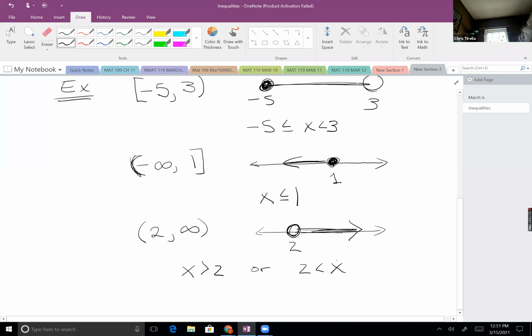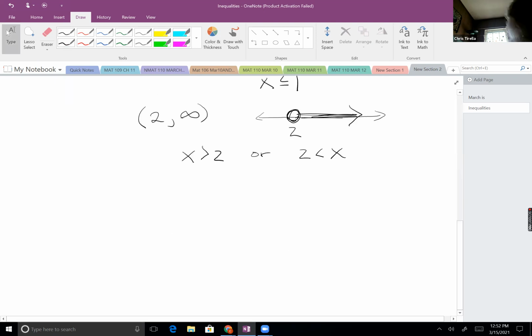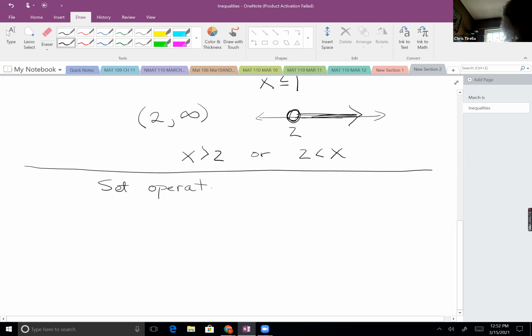Then, in addition to working with these interval notations with inequalities, we had also talked at the beginning of the semester a little bit about set operations. And with set operations, we talked about the intersection.